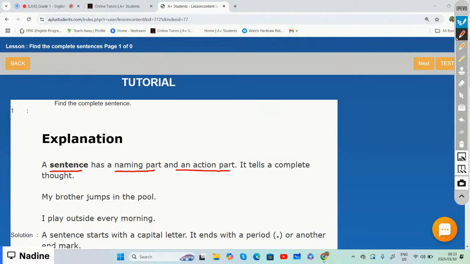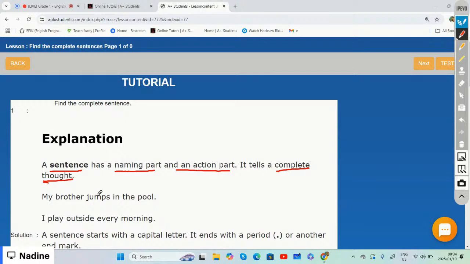And the action part is telling us the action, the verb that either the person, animal, or thing is doing within the sentence. A completed sentence has a naming part and it has an action part, and that basically tells a complete thought. We call that a complete thought.